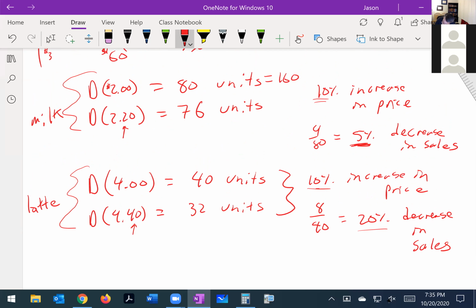This is 160 bucks a day, right? Whereas 76 times 2.20 is 167.20. So that's a difference of about $7.